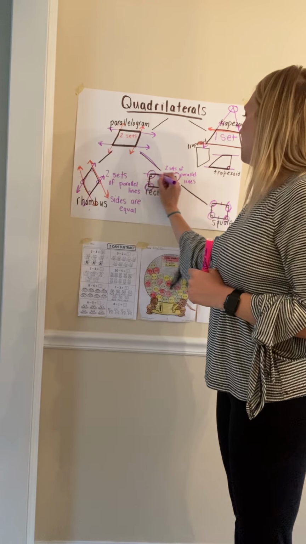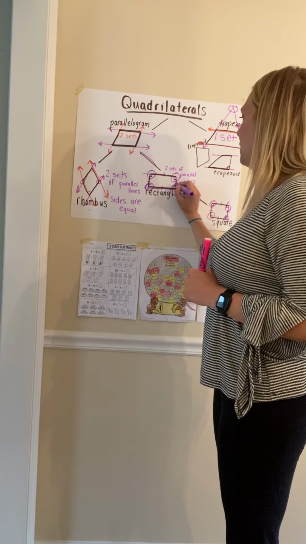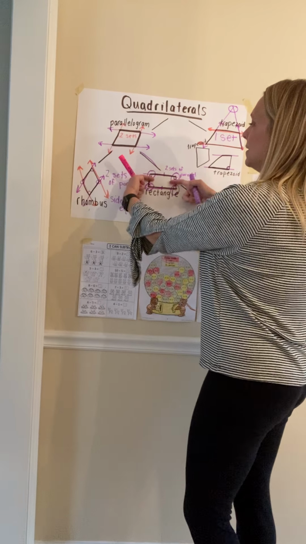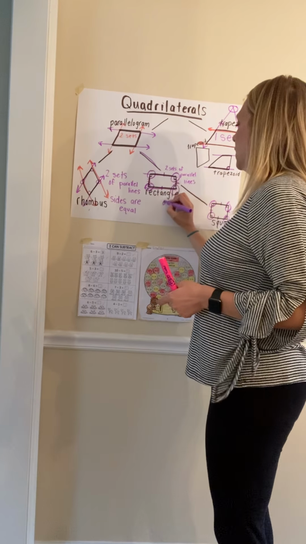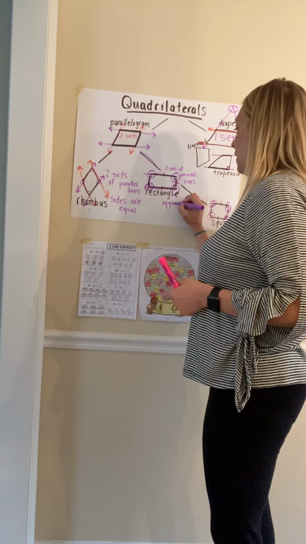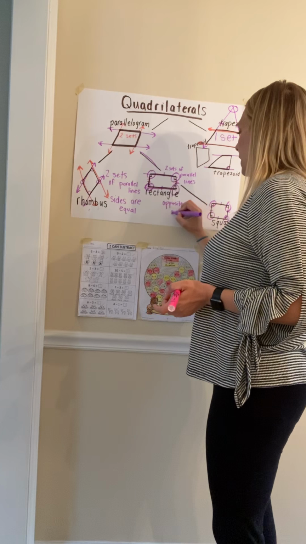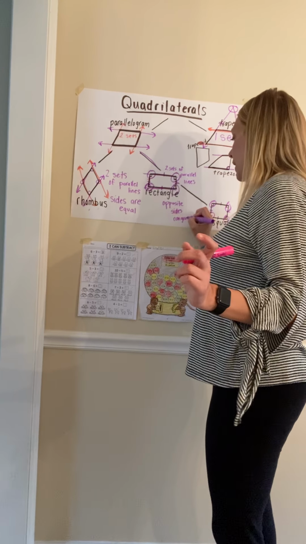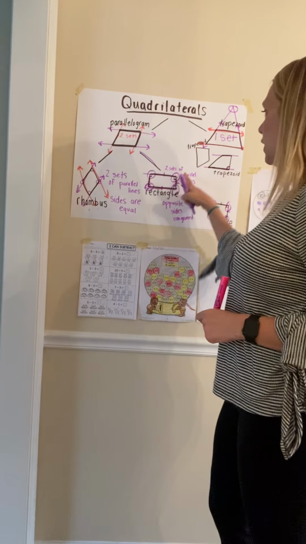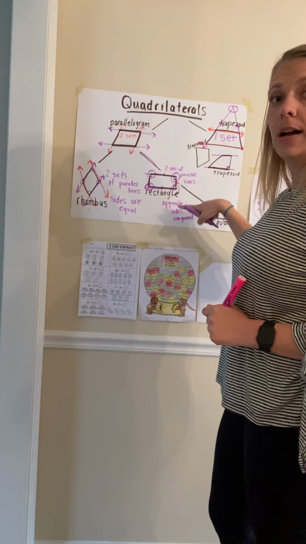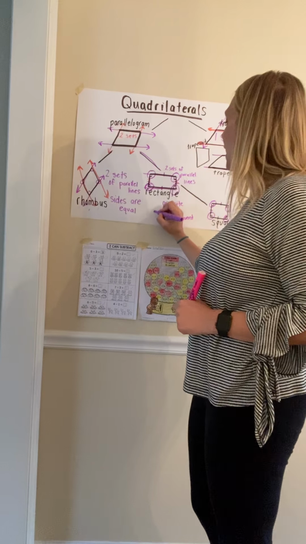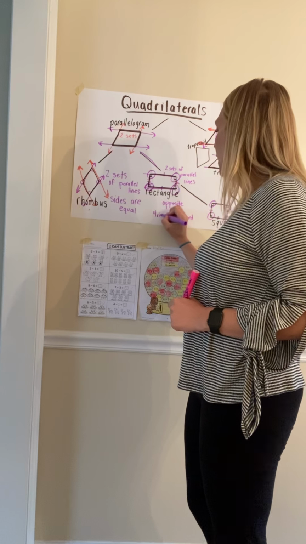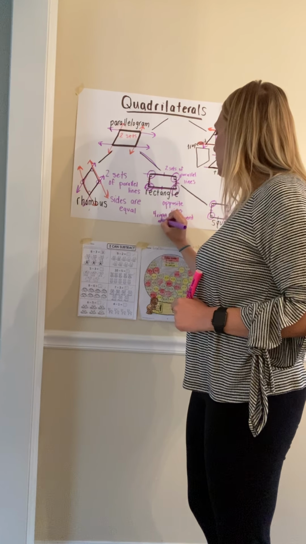In this case, my top and my bottom are longer, my sides are shorter. But as long as the opposite sides are congruent, then I'm good. So opposite sides congruent, not all four sides congruent, just opposite. Two sets of parallel lines, opposite sides congruent, and four right angles.